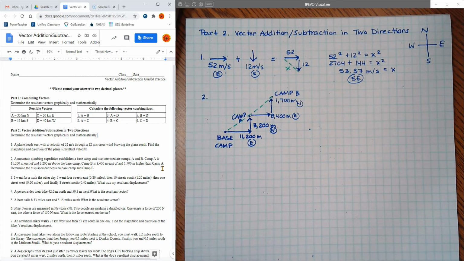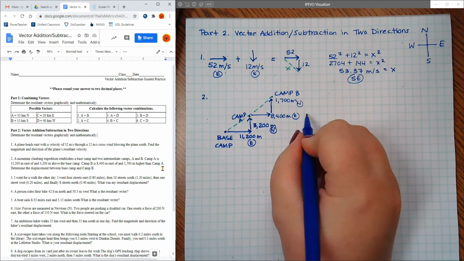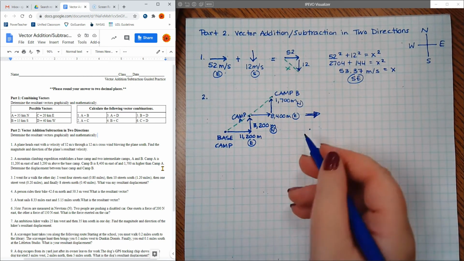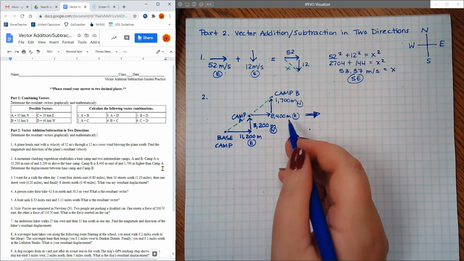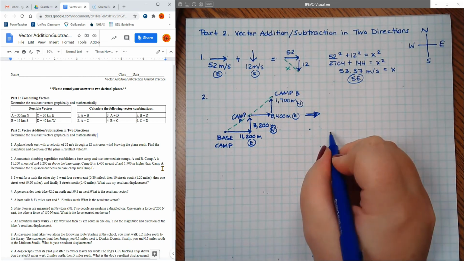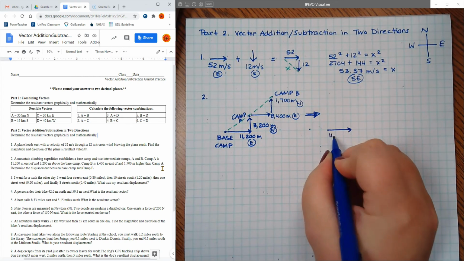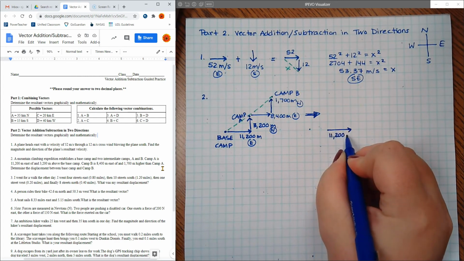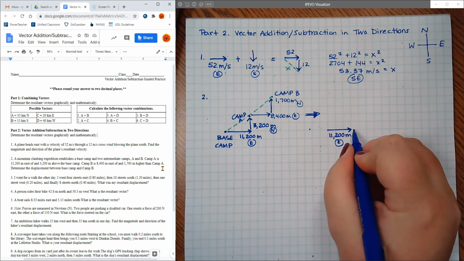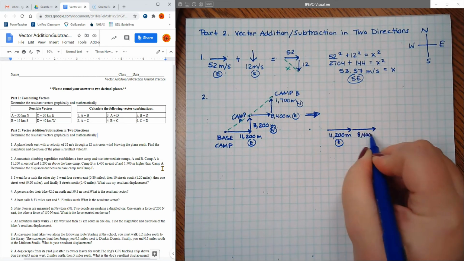I'm going to redraw this triangle, or these 2 triangles, one big triangle. So if I think about the eastern vectors, I can combine the 2 eastern vectors from the problem. So along the bottom of the triangle, I would have a vector that is a value of 11,200 meters, and another one that has a value of 8,400 meters.